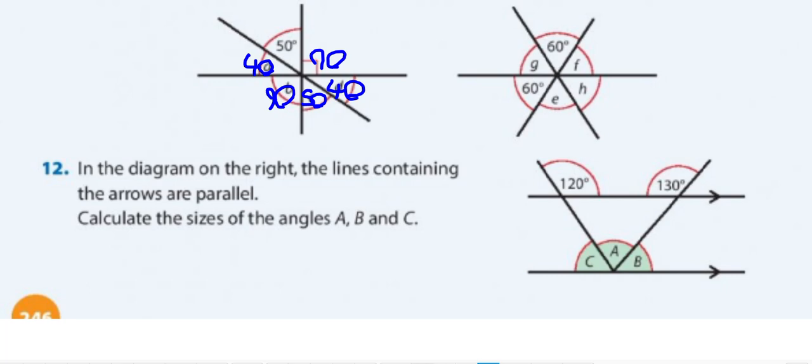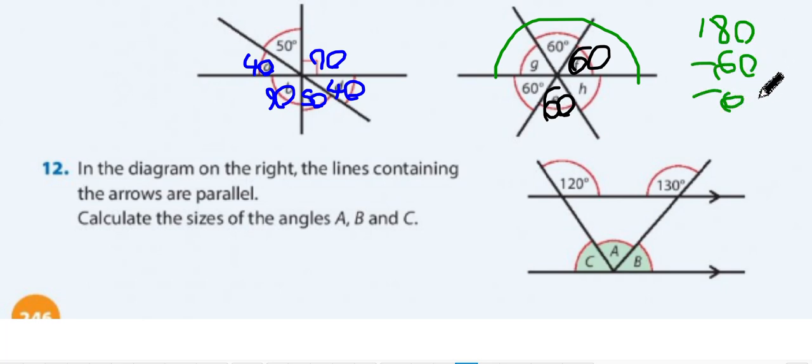Alright. Next one. F is 60 because it's opposite the other 60. E is 60 because opposite the other 60. All three angles must add up to 180, which means G must be 60. And then the other one also is vertically opposite, so it'll have to be 60 as well.